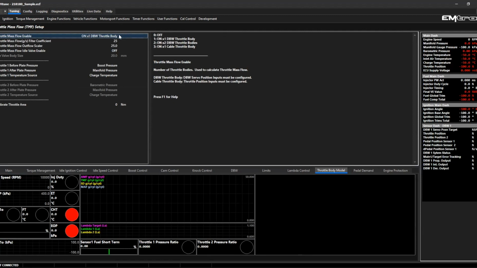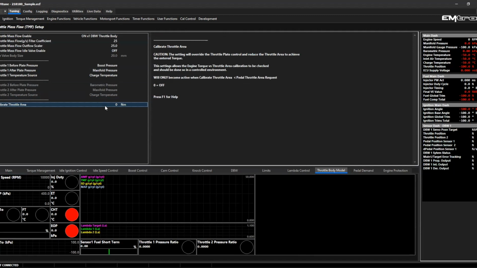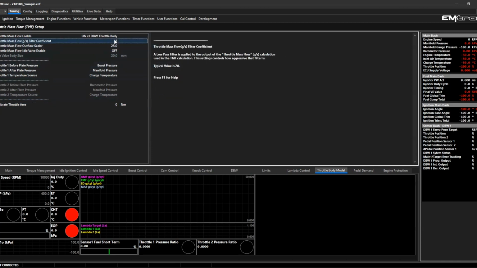I'm not sure if we had this before in 2018, but we have an ability to check the calibration of the throttle area by entering torque limits and comparing against the reported torque, making sure that it's been configured correctly. One of the main changes is we've added an improved filter, which helps especially with the transient response of the throttle.